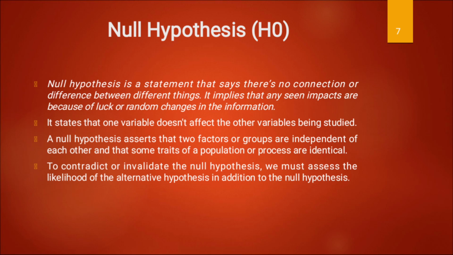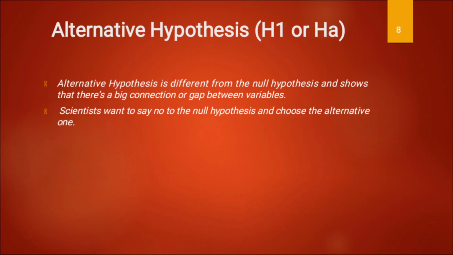To contradict or invalidate the null hypothesis, we must assess the likelihood of the alternative hypothesis in addition to the null hypothesis. The alternate hypothesis is just the opposite of the null hypothesis. Whenever we take a sample from a population, we assume that the population and sample are different.